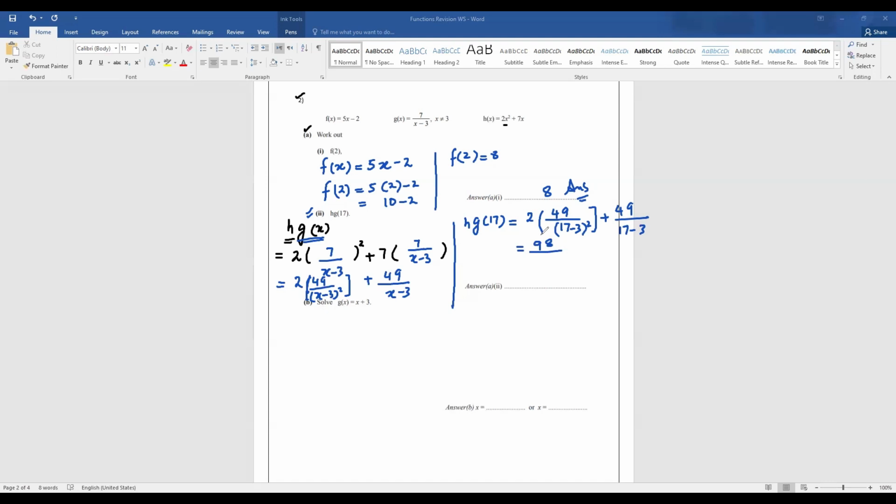And 17 minus 3 is 14. So it will be 98 over 14 square plus 49 over 14.